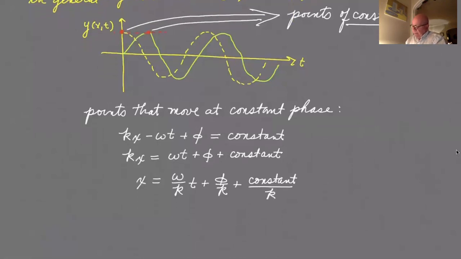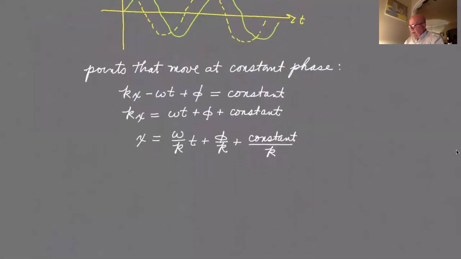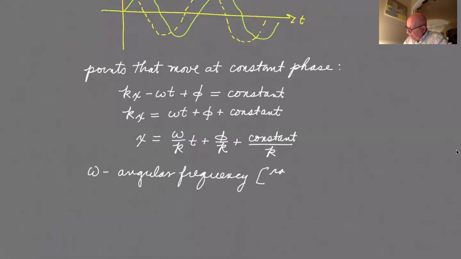Now we have to remember what k and omega are. Omega is the angular frequency, in units of radians per second, and for a particular sinusoidal wave that's a constant.